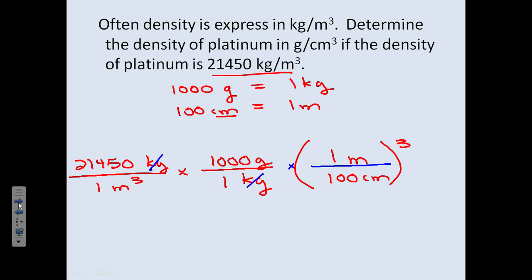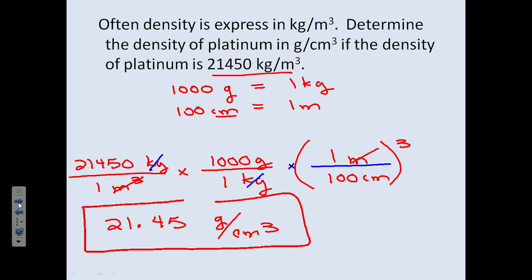So my units will be meters cubed, meters cubed. On your calculator, it'll be 21,450 times 1,000 divided by 100 cubed. You should get an answer of 21.45. My units are grams per centimeter cubed. I have 4 sig figs in my original number and 4 sig figs in my answer, and so I'm all done.